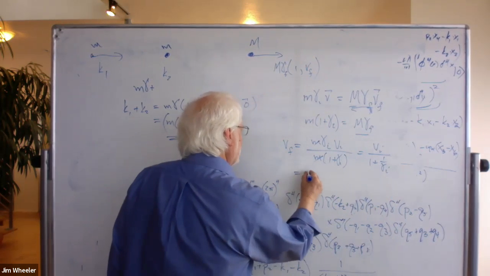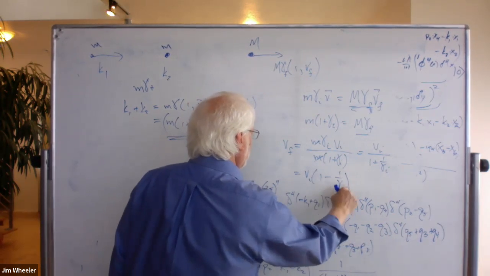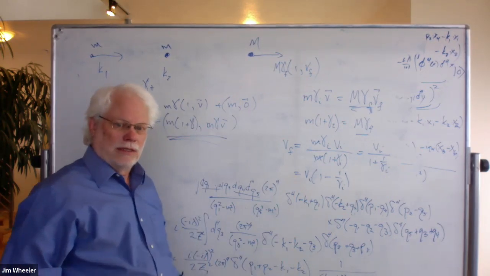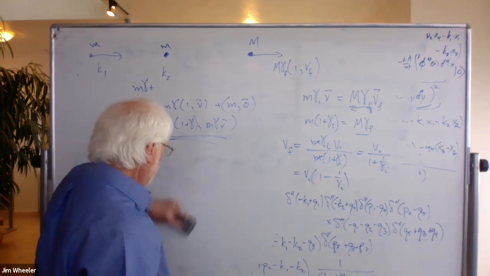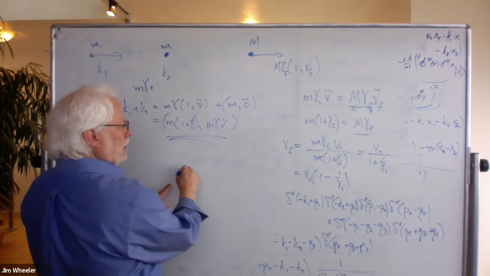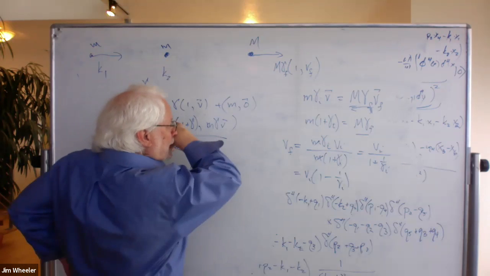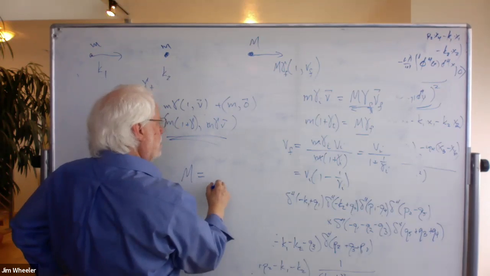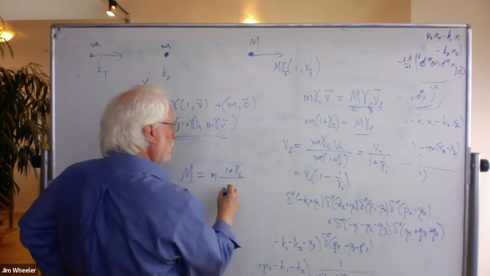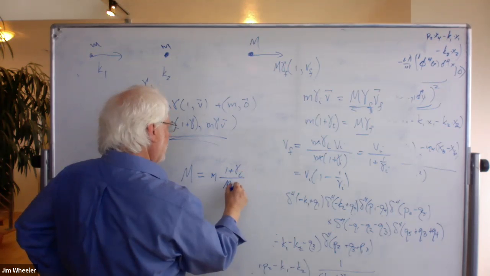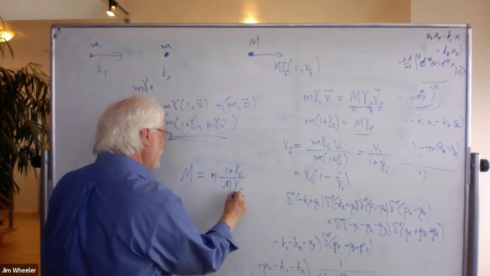So V final is V initial times 1 minus 1 over gamma initial. So they're almost equal, right? The initial and final velocities are almost equal. And then we have M. What's the easiest way to get it? Big M is going to be little m times 1 plus gamma initial over gamma final.